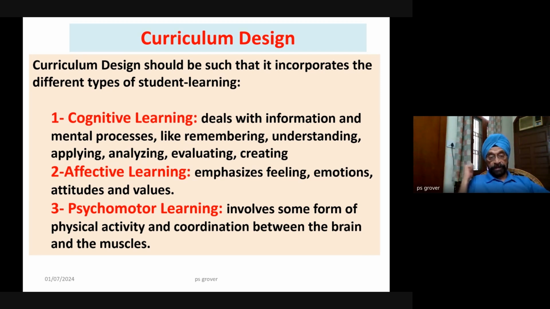While doing the lab, a student may have to manage equipment, look at alignment, focusing, adjusting the various settings. So mental and physical processes are involved in physical activity and coordination with the brain.